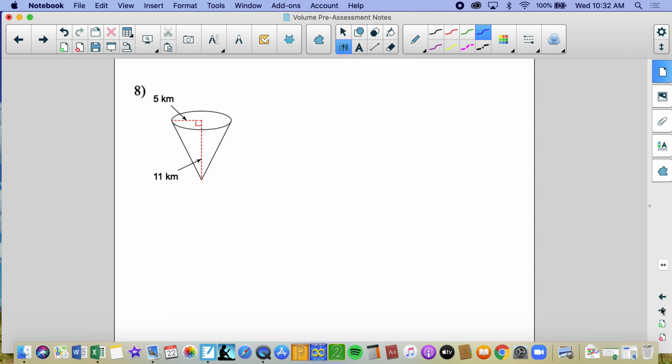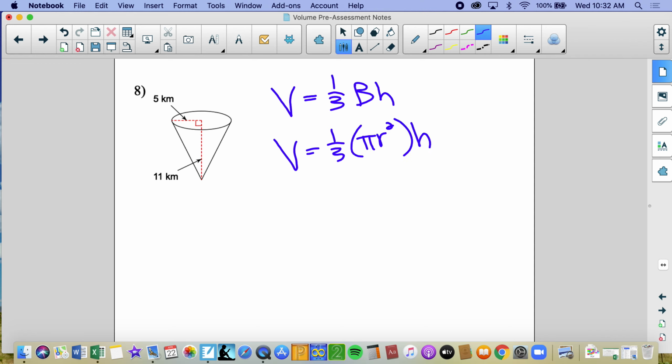Our next object is a cone, circular base. It only has one base, so we're going to use 1/3 big B times H. My base shape is a circle, so we're going to use the area of a circle, which is pi r squared.